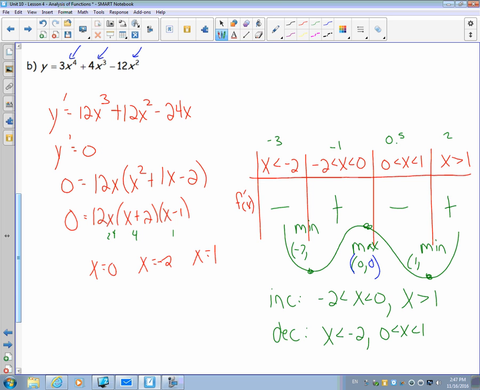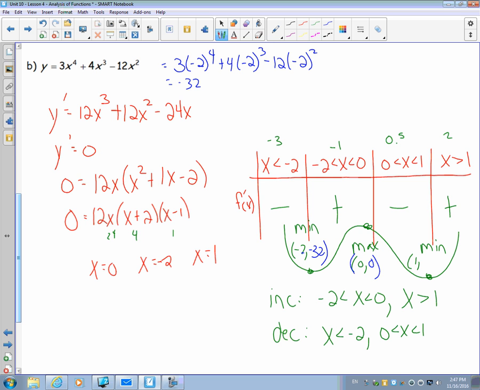If I put -2 in for my x's, we'll get 3 times -2 to the 4 plus 4 times -2 to the 3 minus 12 times -2 squared. We punch all that into our calculator and we get -32. So that's my min value here, -32.